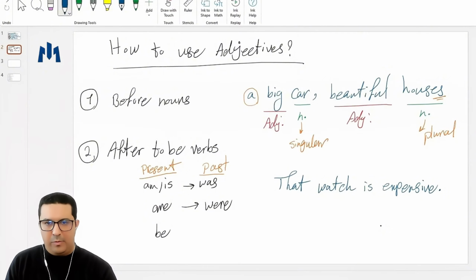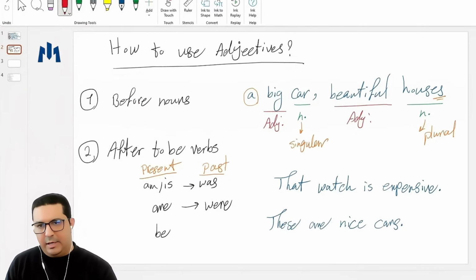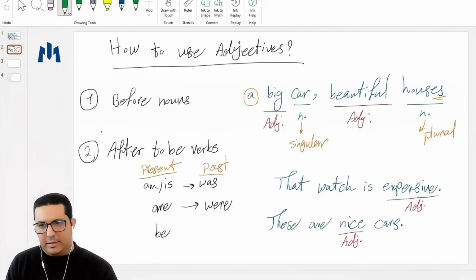Another one, these are nice cars. So again, as you see, expensive is an adjective, nice is an adjective, cars is a noun, but be careful, this is plural.